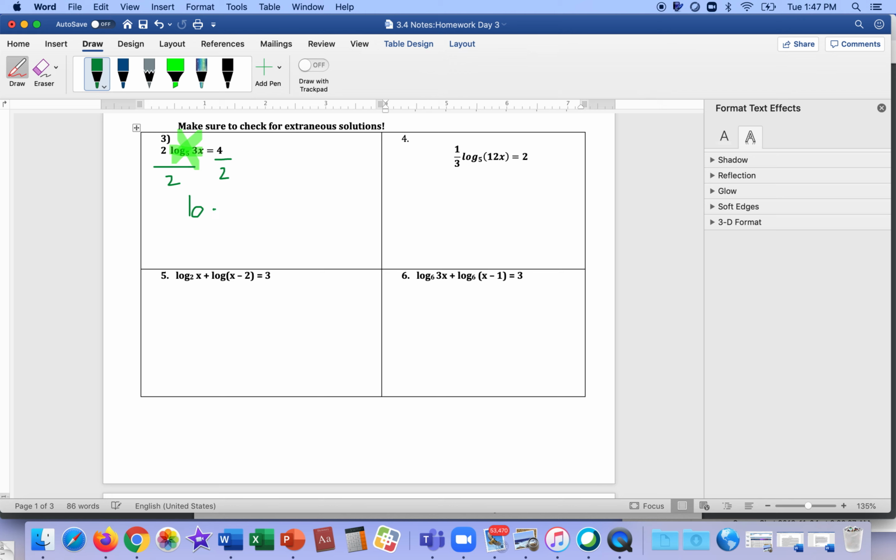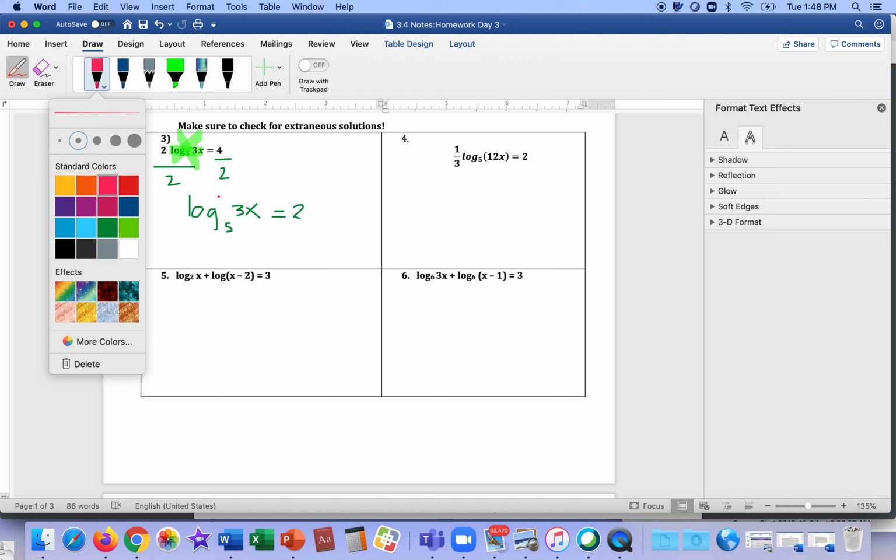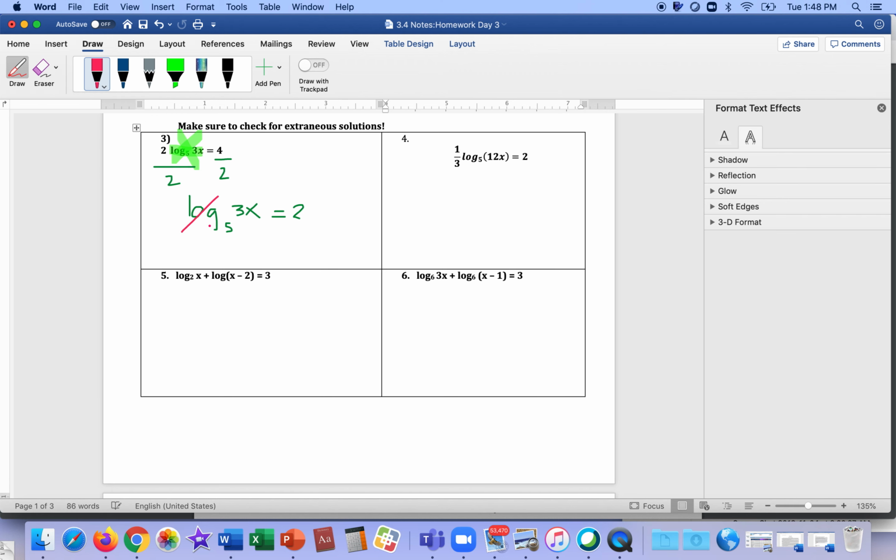So we would have log base 5 of 3x is equal to, right, as an integer, 2. Okay, now that we've isolated this log base 5 of 3x, we want to convert to exponential form. I like to call it the log bump. So in order to convert to exponential form, if you see log, you get rid of log. The base goes to the other side.